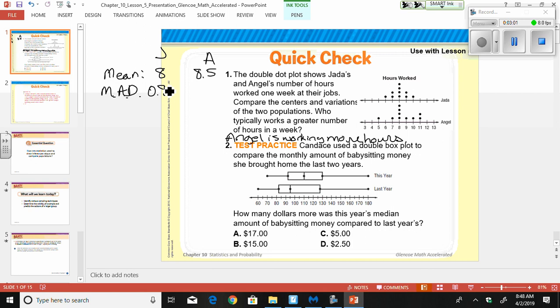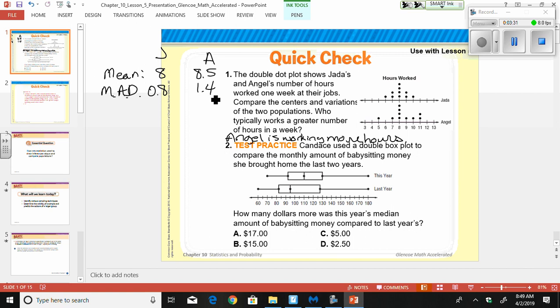And then we have 3.5 plus 1.5 plus 0.5 plus 0.5 plus 0.5 plus 0.5 plus 0.5 plus 1.5 plus 2.5 plus 2.5, divided by 10. And he has an average deviation of 1.4. So he's definitely not as consistent in how much he is working. But he also works more.